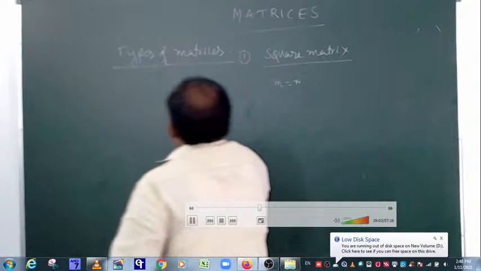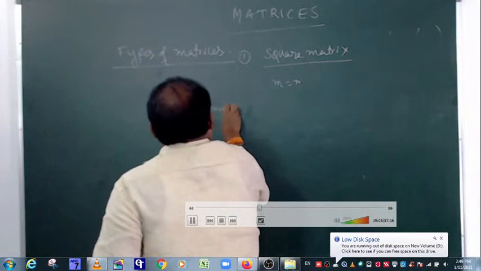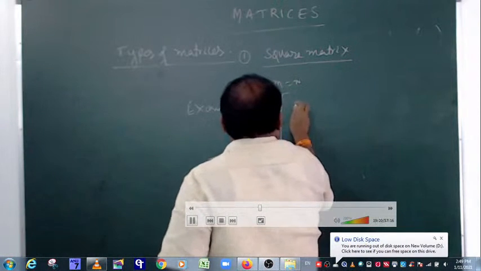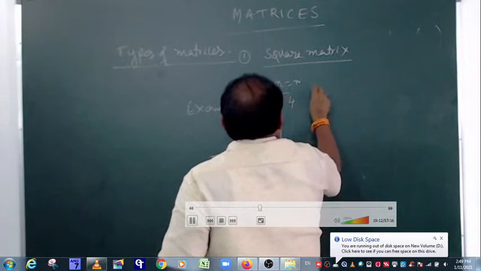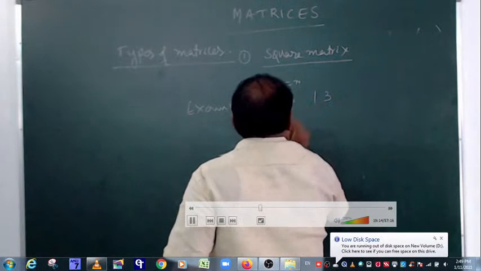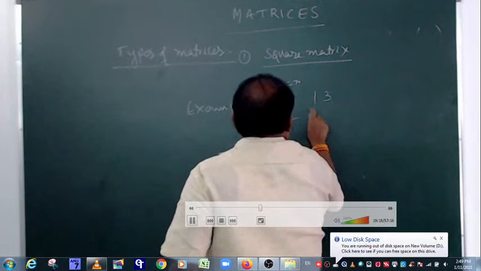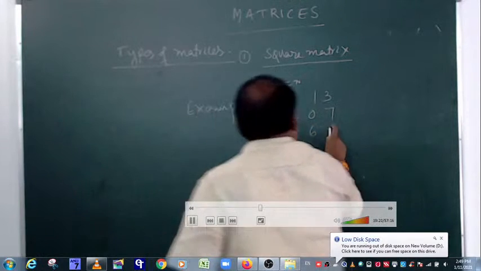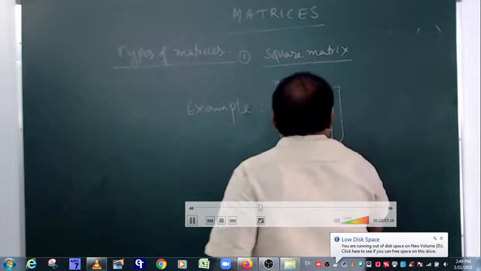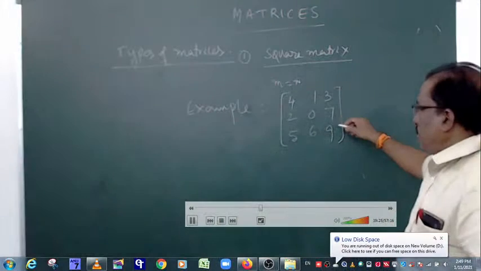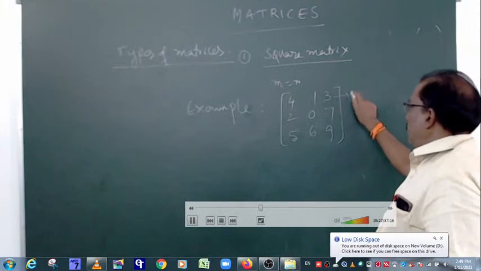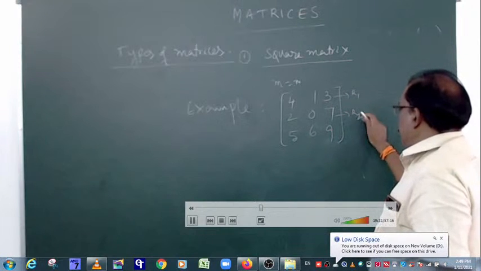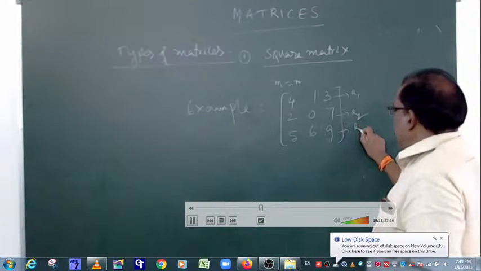So, tell me one example. Example is 4, 1, 3, 2, 0, 7, 5, 6, 9. Here, how many rows? 1, 2, R2 and R3.